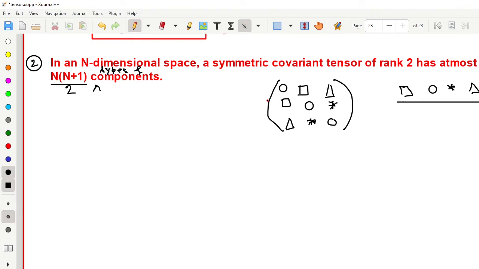Use this formula in 3 dimensions. This is 3 into 4 divided by 2, so that gives you 6. Why is it 6 here? Oh yes, there are six. Okay, I made a mistake over here.